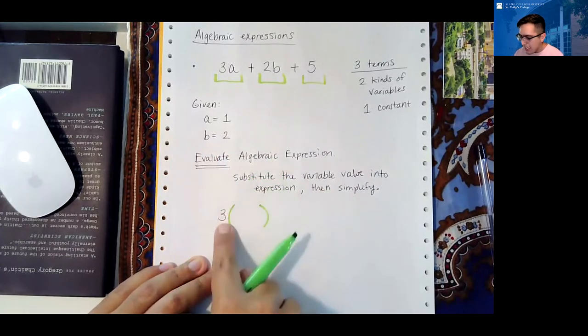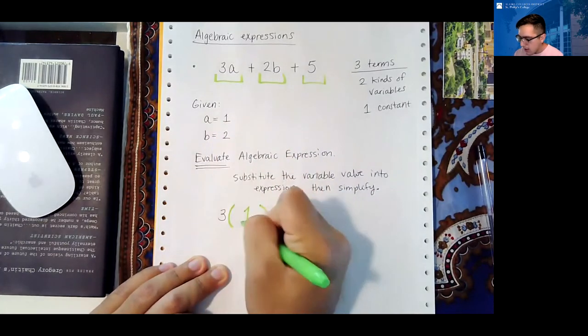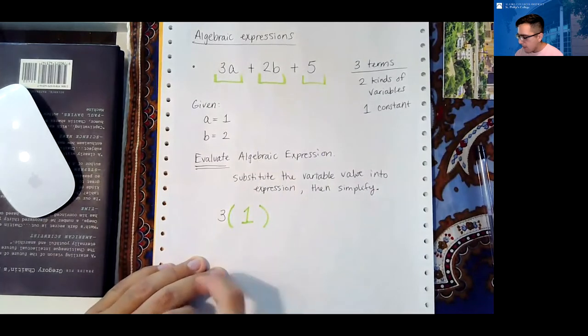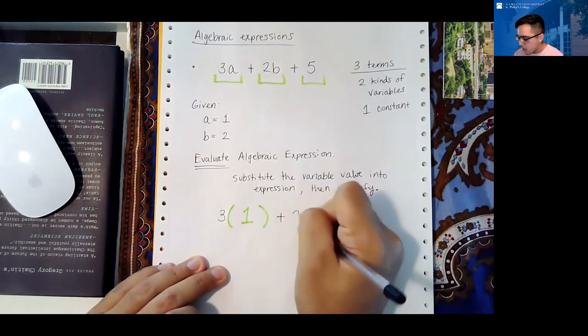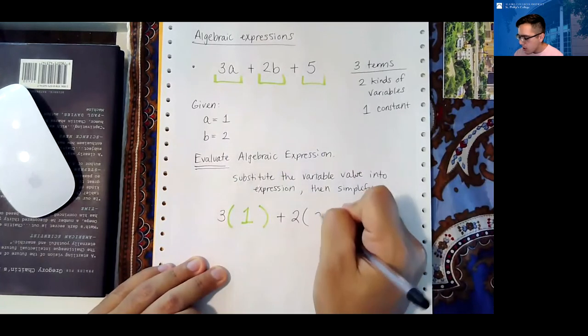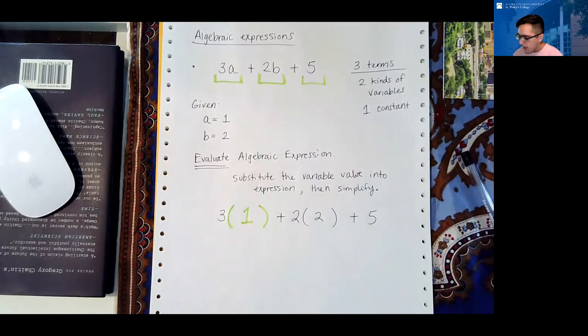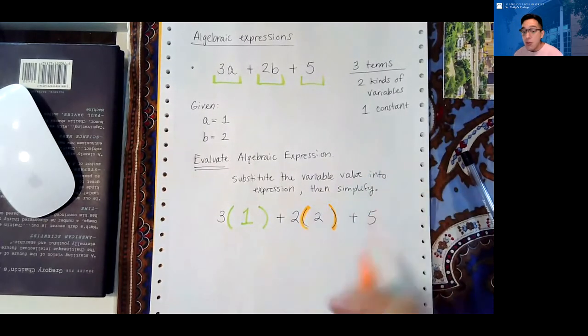So if this is 3a and a is 1, well, then I'm just going to write 3 times 1 plus 2 times b, which is worth 2, plus 5. Now I have a purely numeric expression, and I can use my order of operations to simplify it.